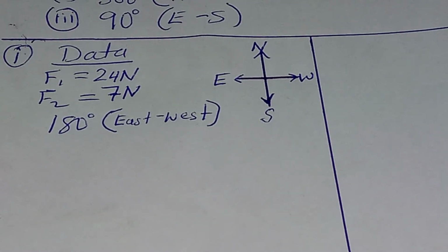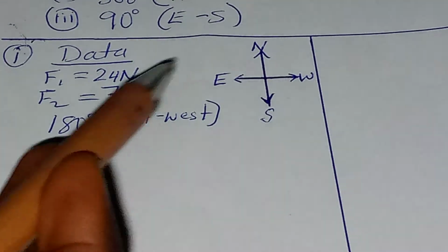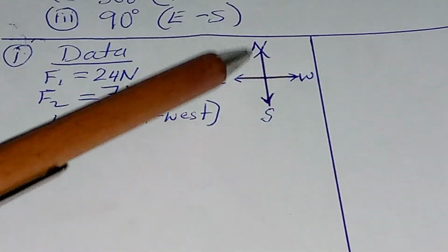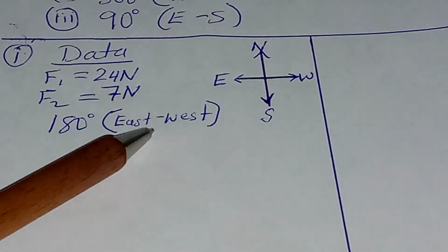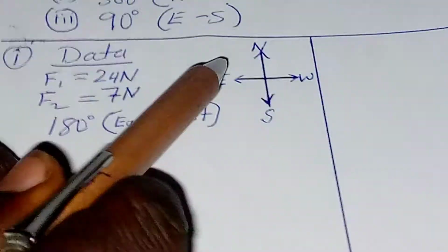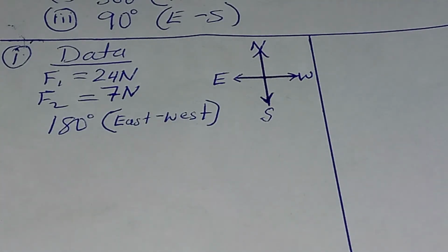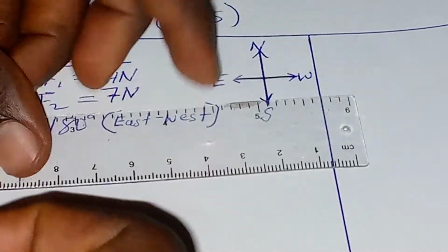The question says from east to west. And this is our whole diagram: north, south, east to west. So our graph is going to extend in this direction from east to west.